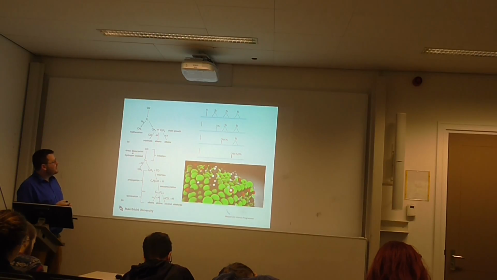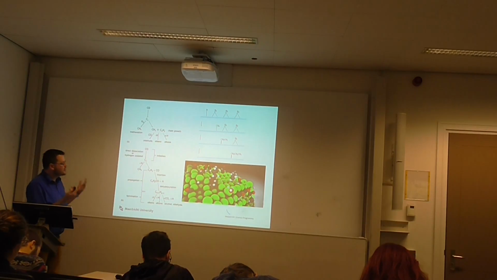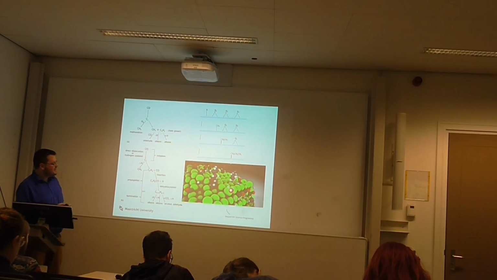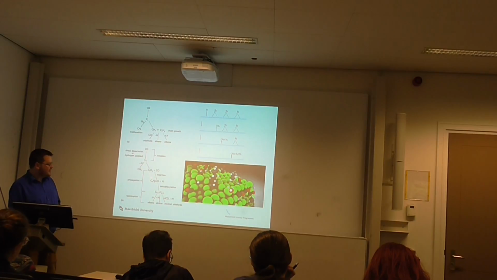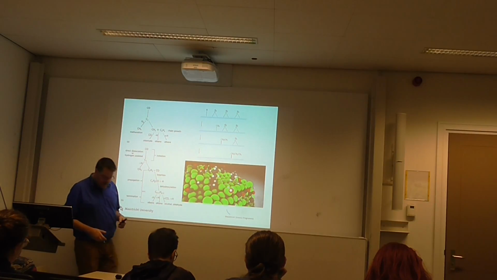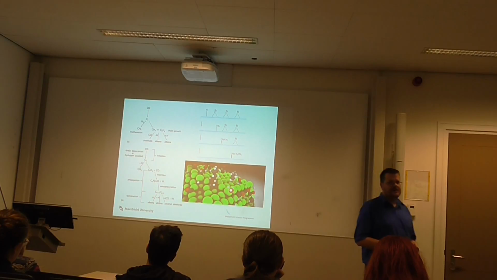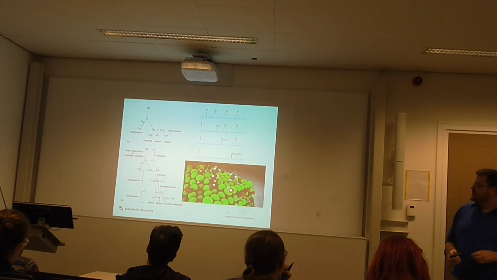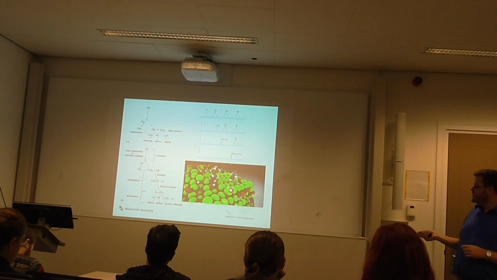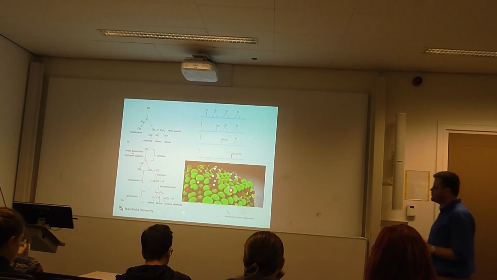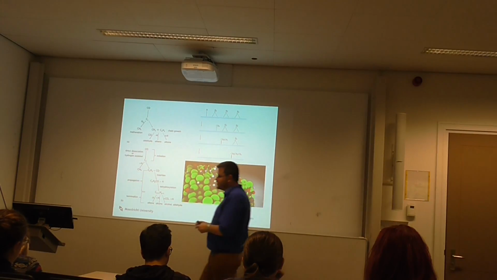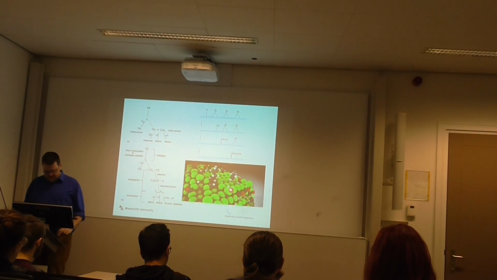Depending on the concentrations and the structure of the surface, you can get the formation of long or short chain alkanes and alkenes, alcohols, etc. It's a process that's been studied quite extensively, but the basic take-home message is metal surface, syngas, you get all these products, and I have another simulation to show you how this works.